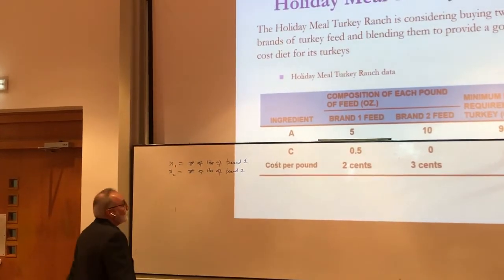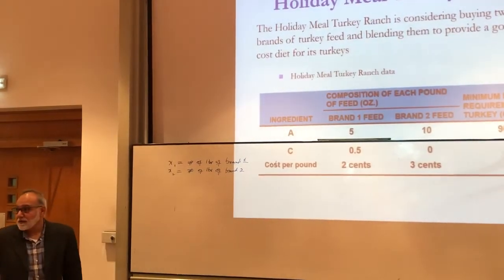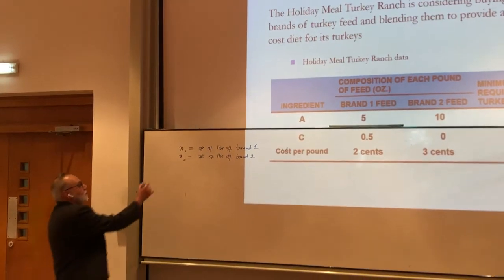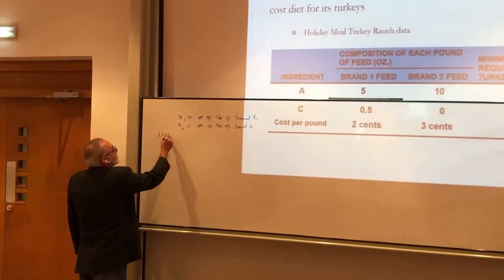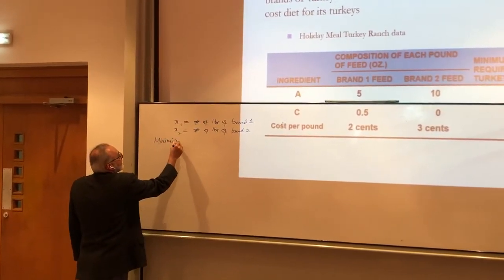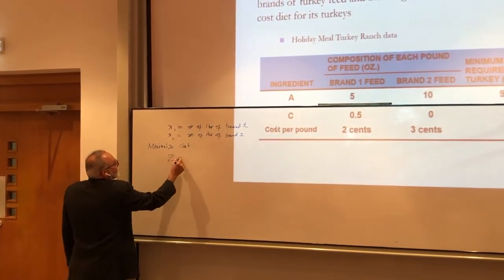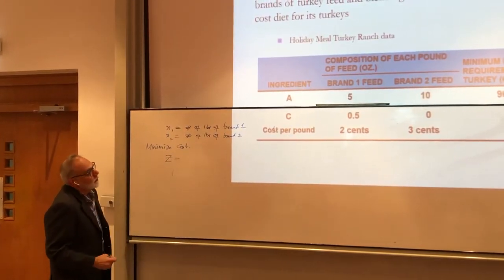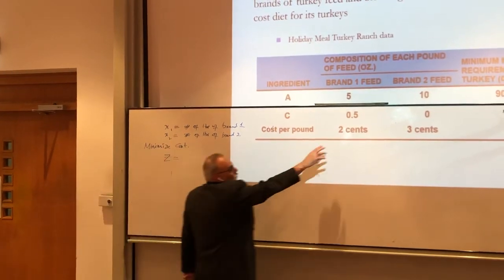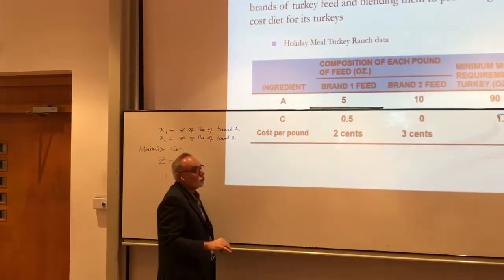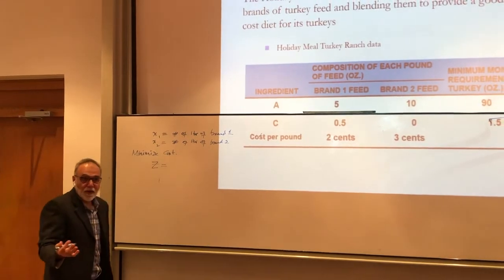So first of all, we will write down the cost. Okay, minimize the cost. The objective function is to minimize cost, and let's say Z is equal to, we have 2 cents per pound. So this is given per pound.